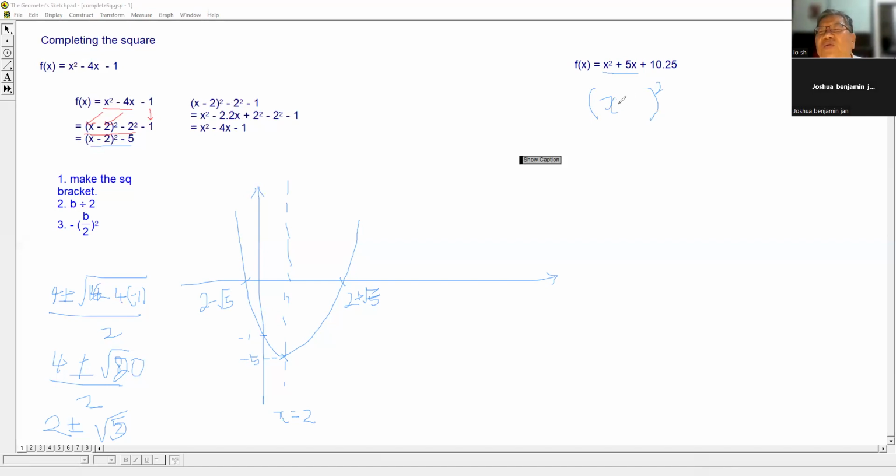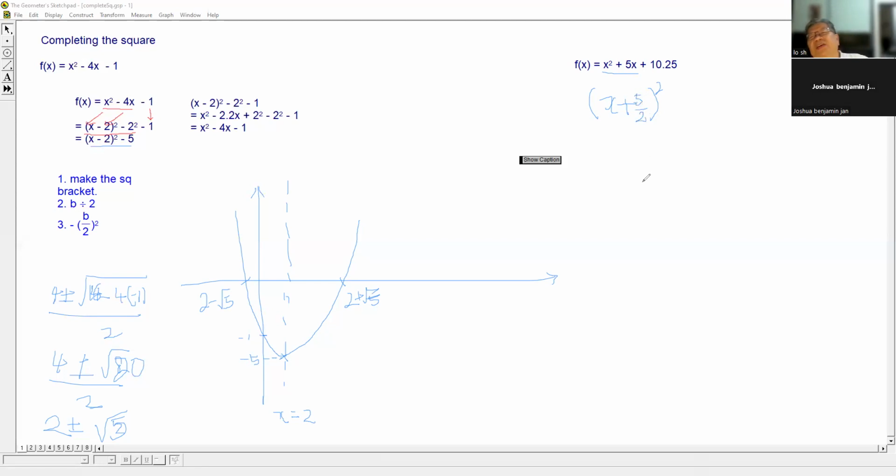Positive 5. What must you do with the positive 5? Divide 2. Correct. So positive 5 divided by 2 is positive 5 over 2.